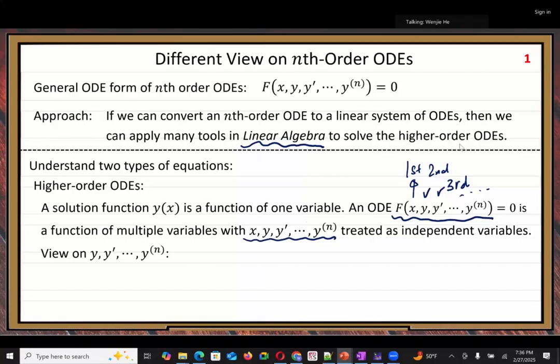We treat them as independent variables, although we know they are correlated, right? Some students may feel y prime and y are correlated, and y double prime and y prime are also correlated. So you may argue they are correlated, not completely independent. But first, let us use independent variables to represent these notations.